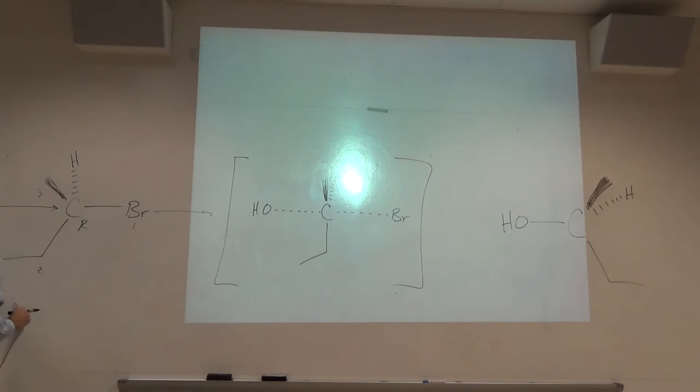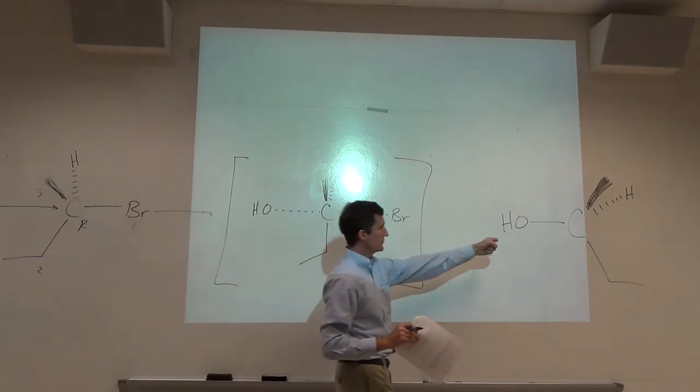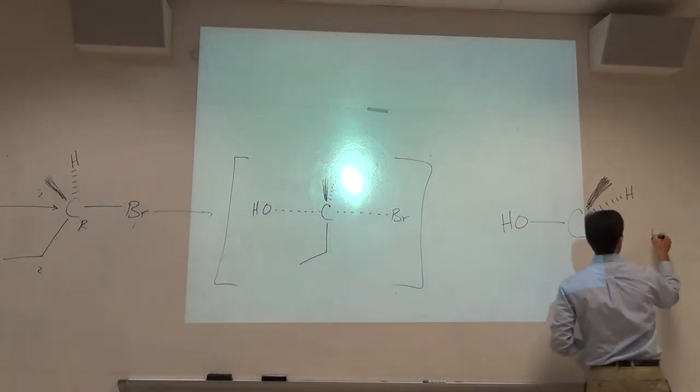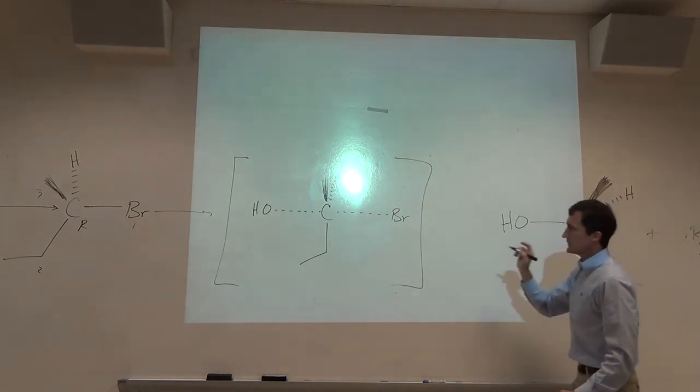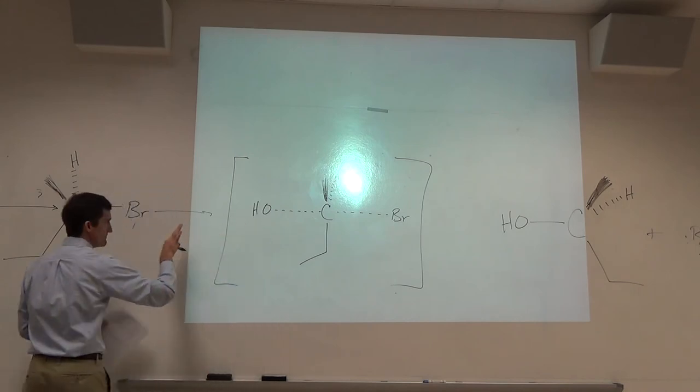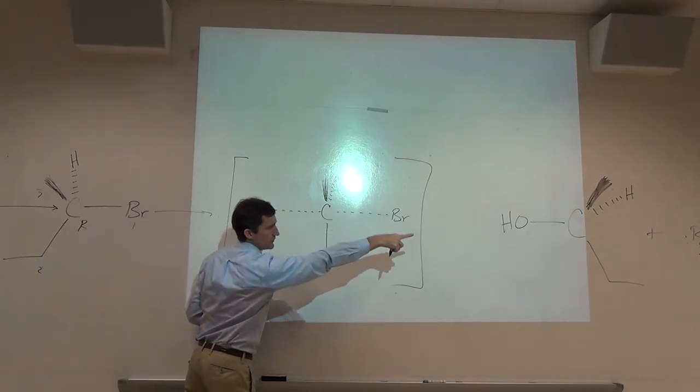In the reaction, the hydroxide is minus, but at the end it's neutral, plus what? Br minus. So what's the charge of the hydroxide as it's making the bond? When it's totally made, it's neutral.